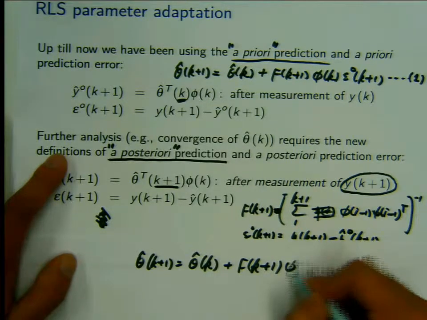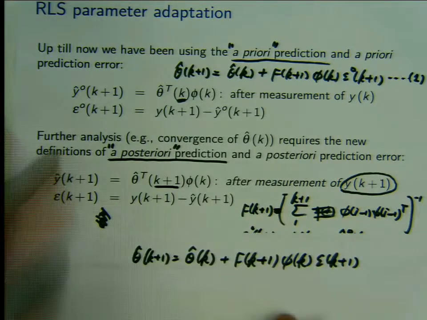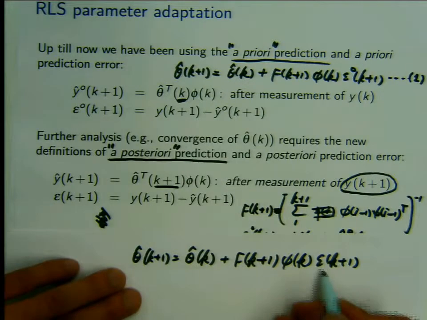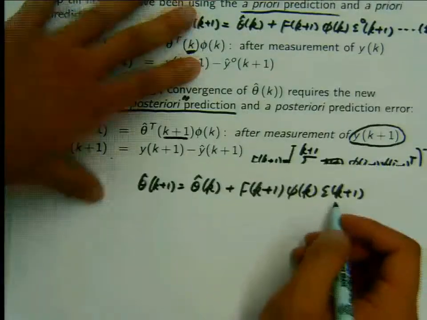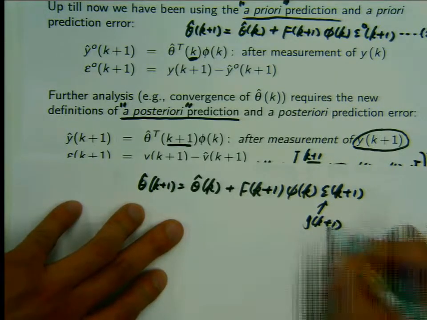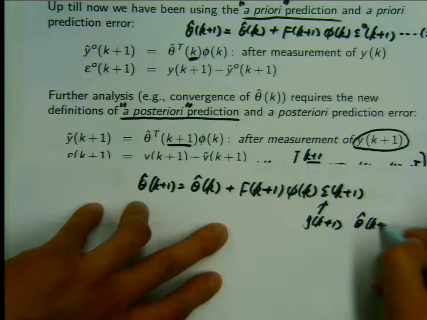If you want to do that, the process is immediately going to become bizarre. Now, when you do this, you need yk plus 1, and actually, you need theta hat k plus 1.